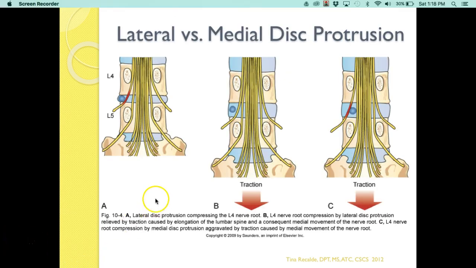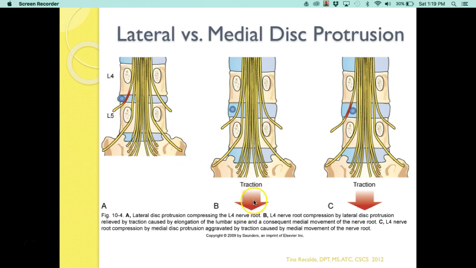So this is a really nice diagram that is in your Kimber book that explains the difference between a lateral versus a medial disc protrusion and why a medial disc protrusion is a contraindication for traction. So here we can see, here is that lateral disc protrusion, and it's compressing that L4 nerve root, because here's L4, so that's how we name it, coming out of L4, and it's putting some compression on there, probably causing some radicular symptoms and some low back pain.